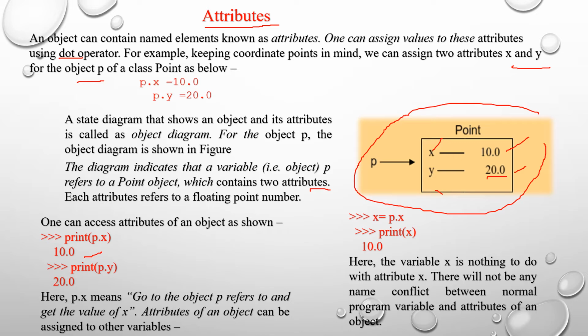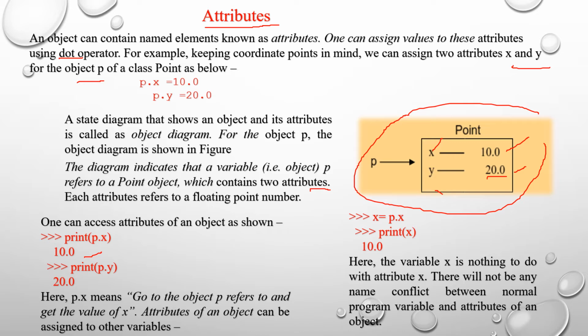So let's consider one more example. x = p.x. If you print x, the Python interpreter will print the value 10. So here p.x refers to 10, and again p.x we assign to the variable x. So here the variable x has nothing to do with the attribute x. There will not be any name conflict between a normal programming variable and the attributes of an object.